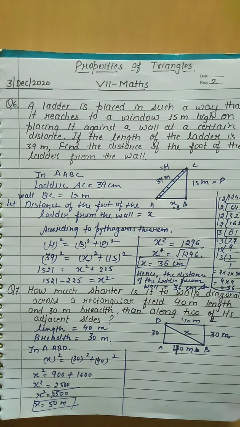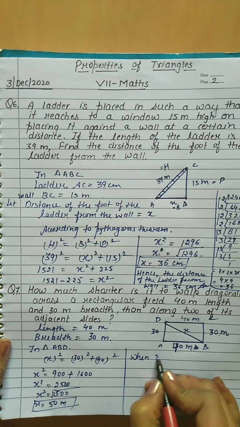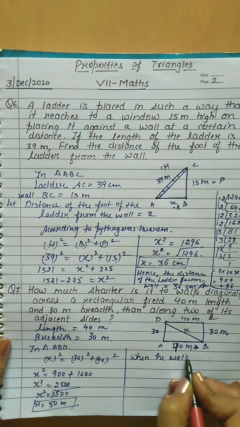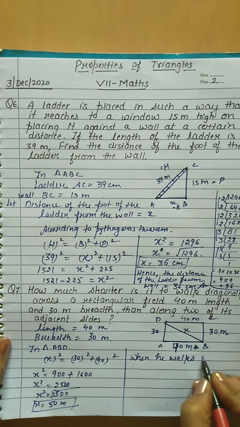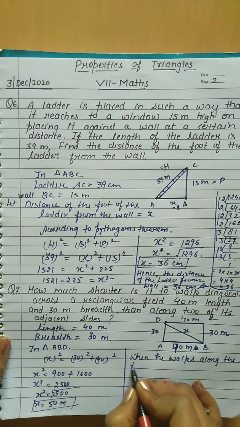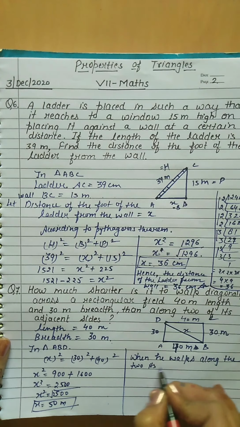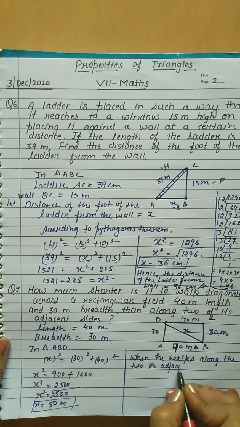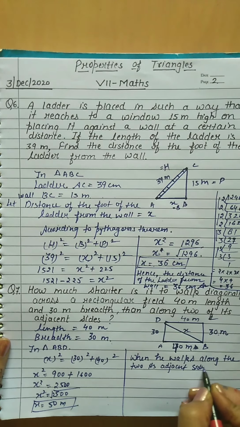So students, when he walks along the two of its adjacent sides, that means that is 70 meter.